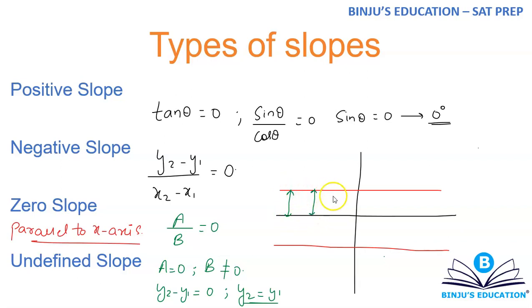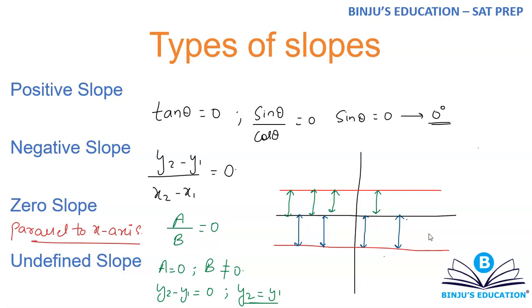You can see it for yourself that this distance is not changing. So whenever line is parallel to x-axis, its slope is 0. Okay, so remember that whenever slope is 0, line is parallel to x-axis.